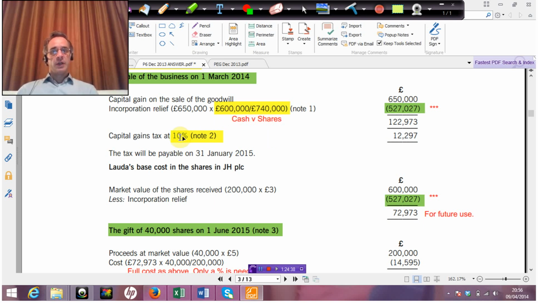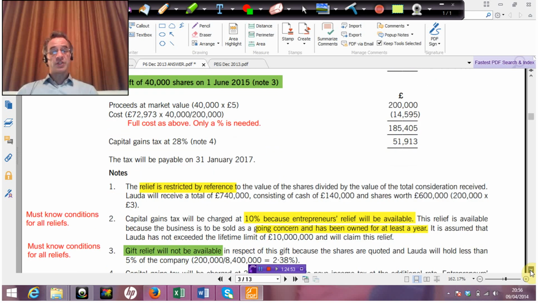Okay. Now you'll see here that when we get the difference of 122, we're applying a 10% rate, i.e. the ER rate, and that's because this qualifies as a business disposal for ER purposes. In other words, she's disposing of a business that she's held for more than one year. So if we look at note number 2, I'll let you read that for a moment.